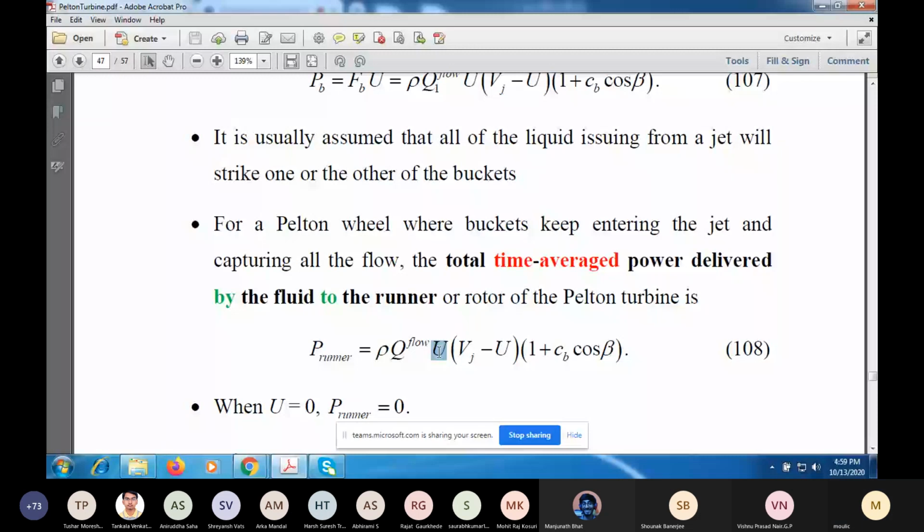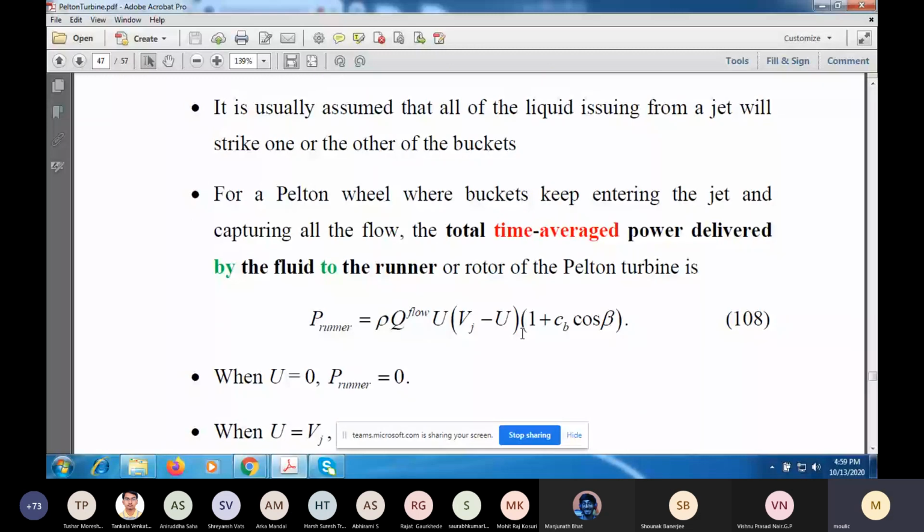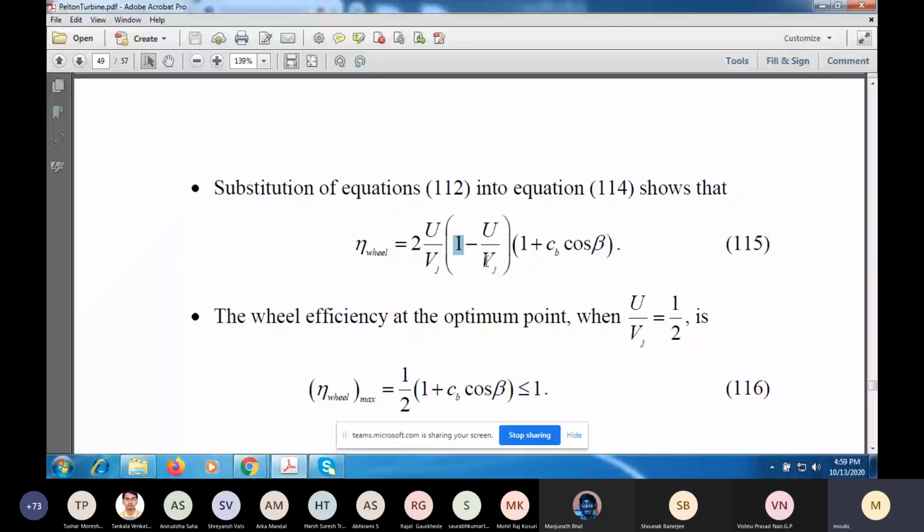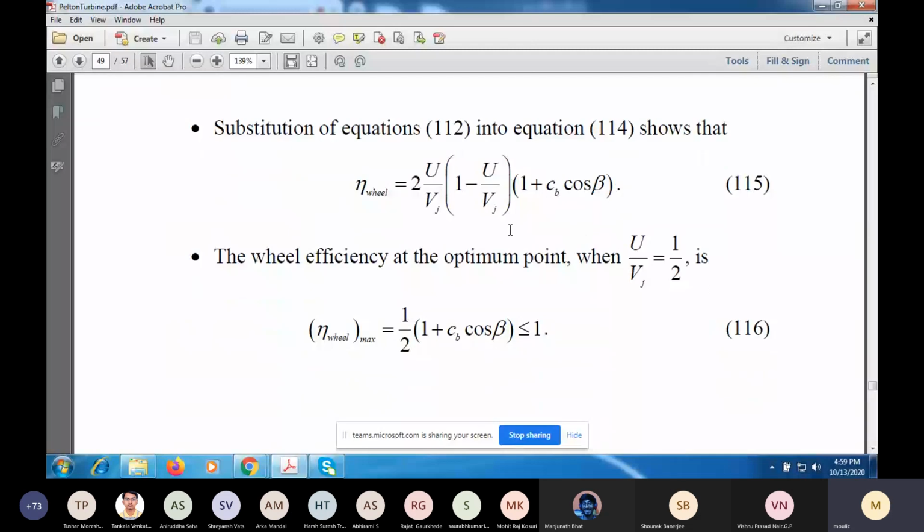Okay. So we'll end up with something like this. I can write it as u by Vj into 1 minus u by Vj multiplied by 2 into 1 plus Cv cos beta.